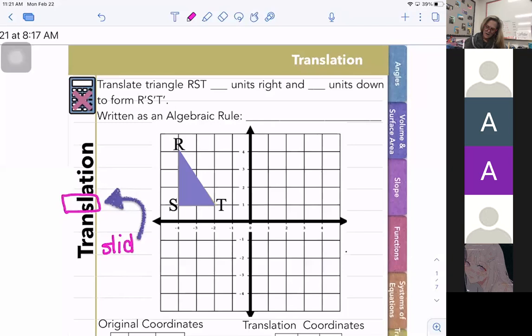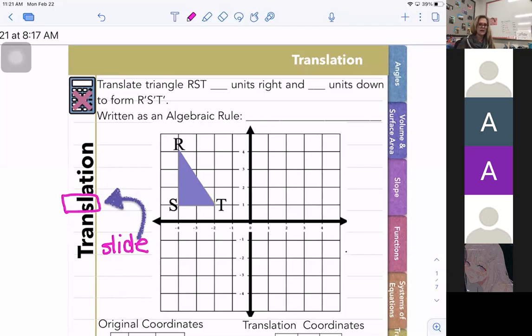We are sliding. When we are translating, we are sliding the image or the shape around the coordinate plane or grid or on the graph. Okay, so we're just sliding whatever is there.